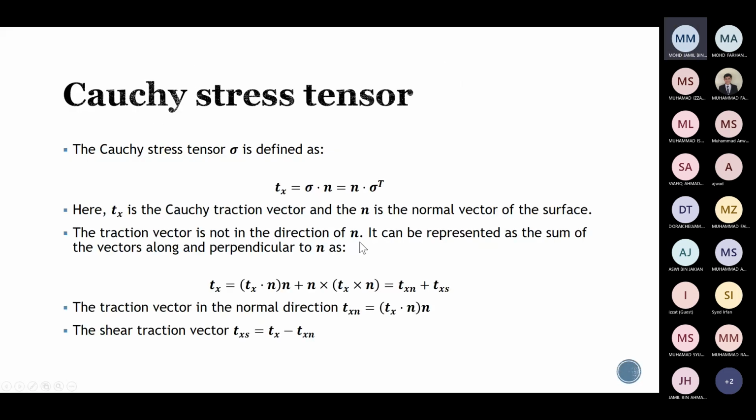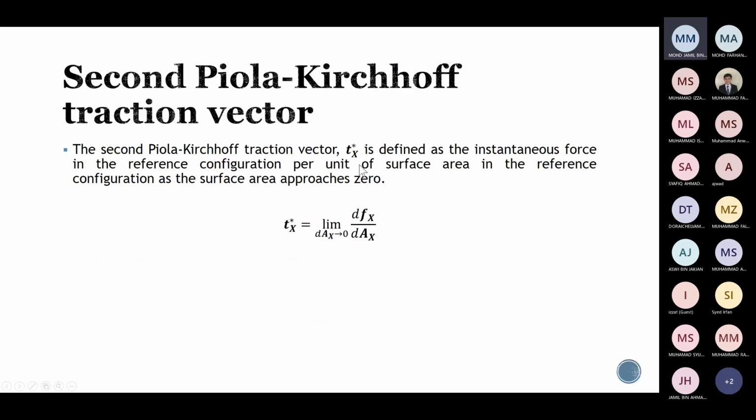So we focus on the Cauchy stress tensor because it is what we use a lot in, let's say, finite element software or in experiment, while the other tractions or stresses are just calculated stresses that you cannot measure.